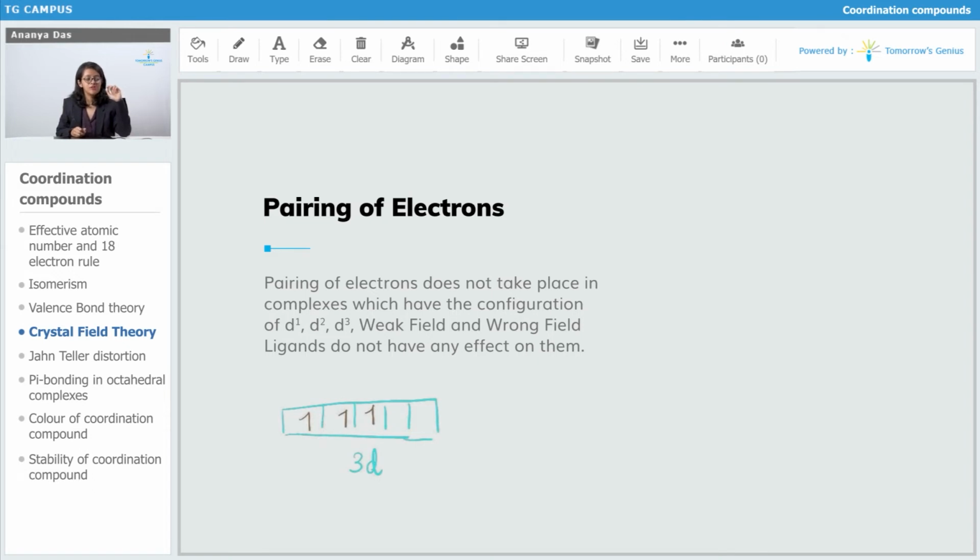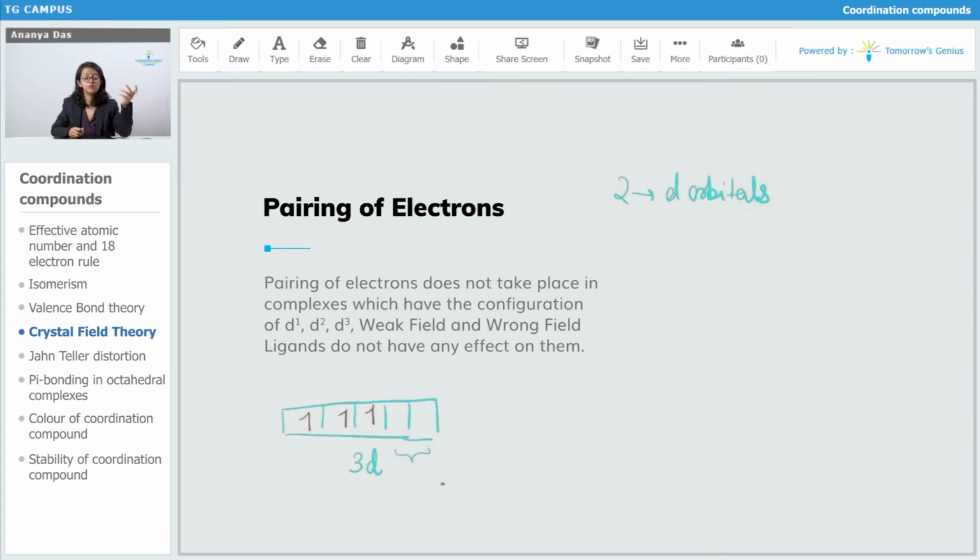So what do we need for octahedral complexes? We need 2 d orbitals, right? dx2-y2 and dz2. So if the configuration is already d1, d2 or d3 and 2 orbitals are already available for the lone pairs of the ligands to go into, why do we need to pair up?